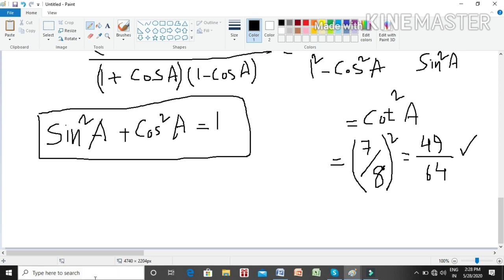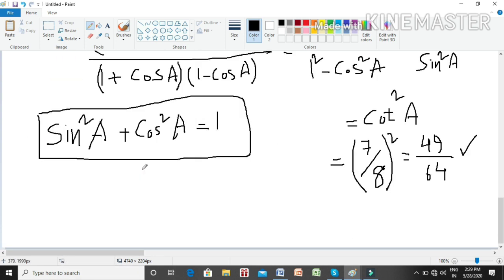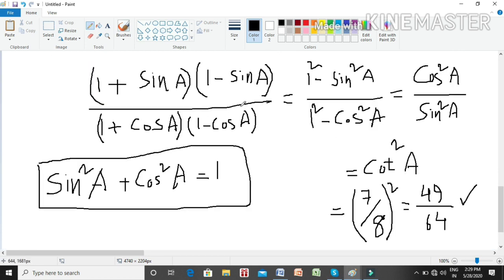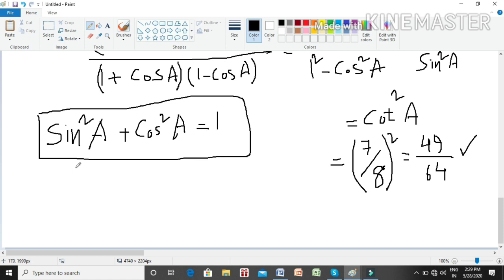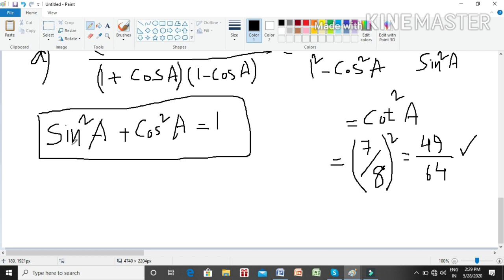Now let us go to the second one. The second one is cot square A, which is again very easy. This is what we got from the first expression, and the second one is also the same. This was part A, so part B will be just the same as A. So B is cot square A, which again equals 49 by 64.